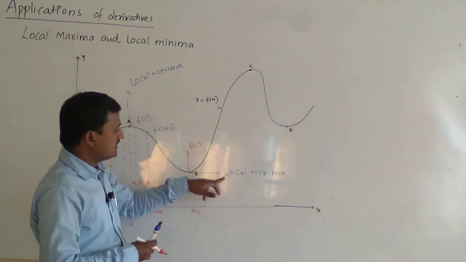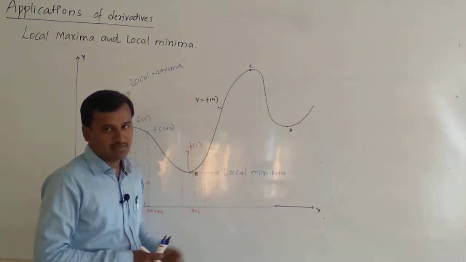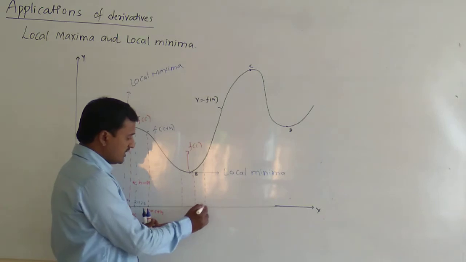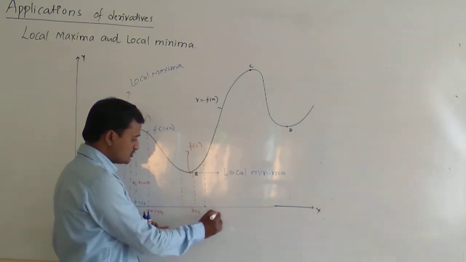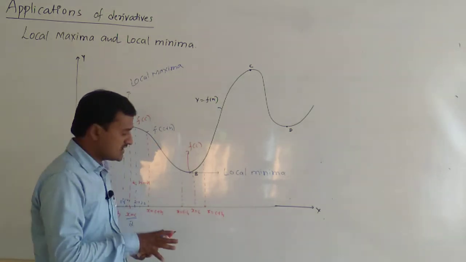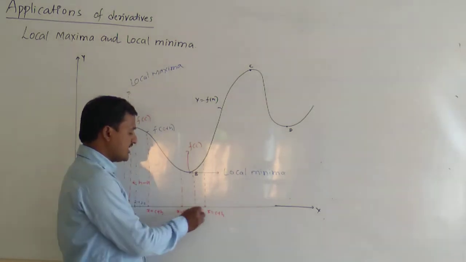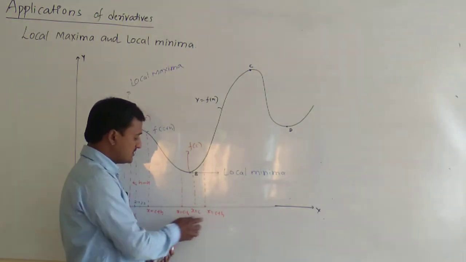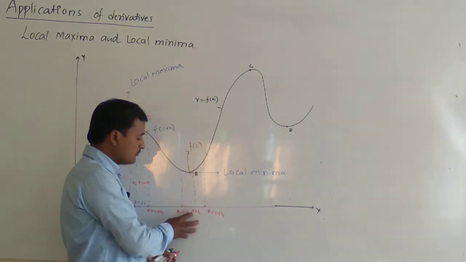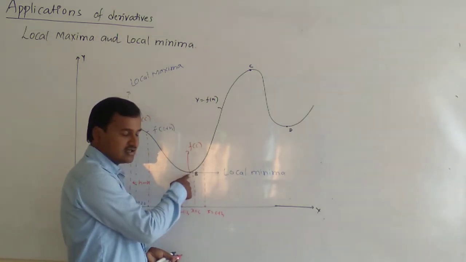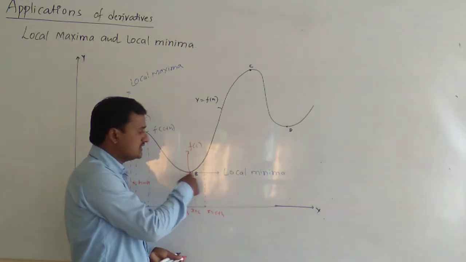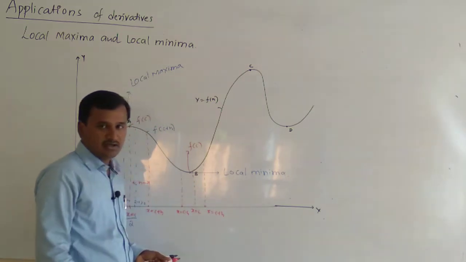This f of c I call a local minima, because in the neighborhood of point c, if you take one more point, that is x equal to c plus h, and one more point, that is x equal to c minus h, as compared to these neighborhood points, the functional value at x equal to c is less. Hence it is the minimum, and this minimum value of the function is called the local minima.